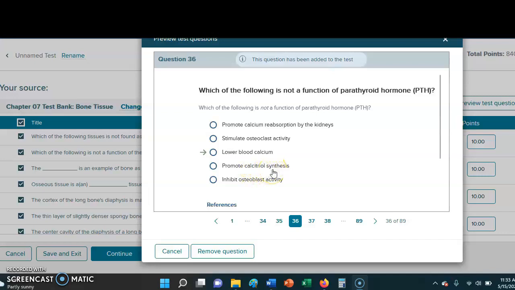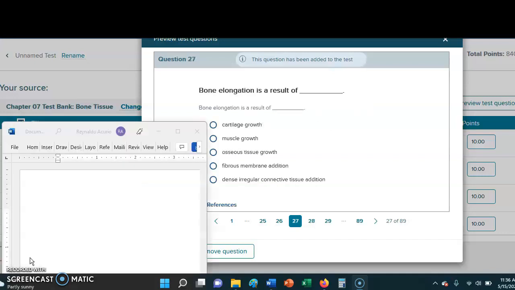If we create more calcitriol, which is vitamin D, we're going to be able to absorb more calcium from our intestines into our blood, so the calcium in blood will increase. And then inhibit osteoblast activity. If we do not activate the osteoblast, the osteoblast will not take the calcium from the blood to put it in the bone, so therefore the levels of calcium will increase in our blood.